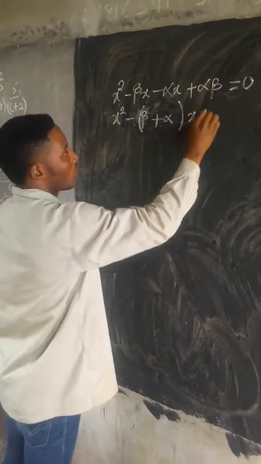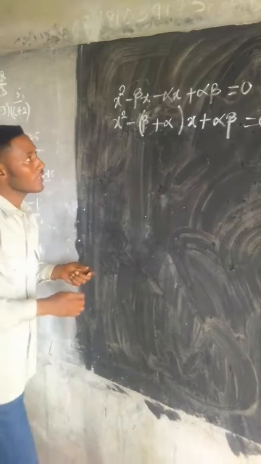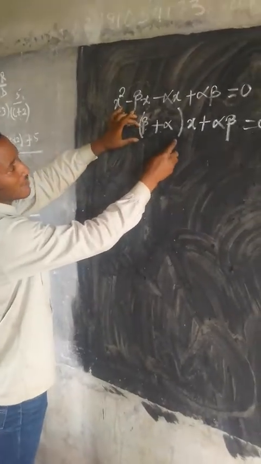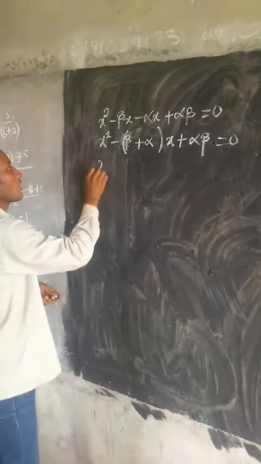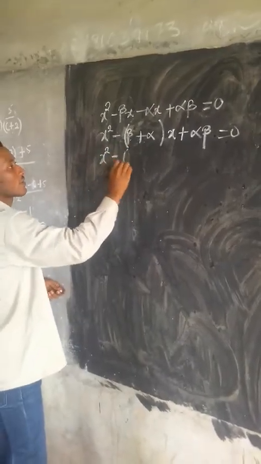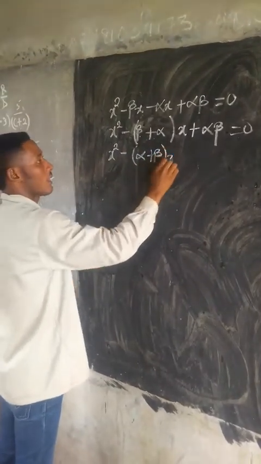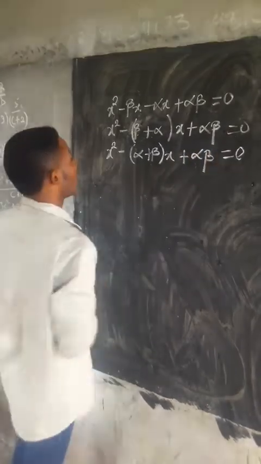Then we have plus alpha beta equals 0. Now, we can rearrange what we have in the parentheses since alpha comes before beta. Hence, we have x squared minus (alpha plus beta)x plus alpha beta equals 0.